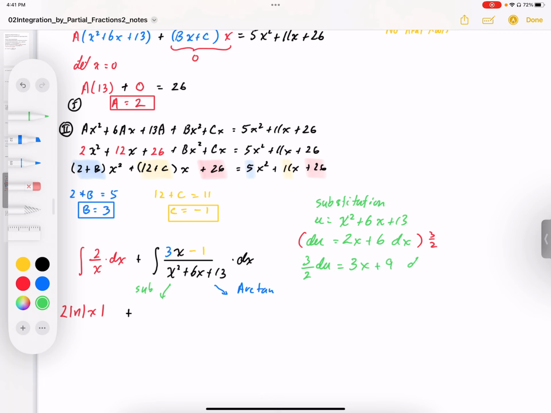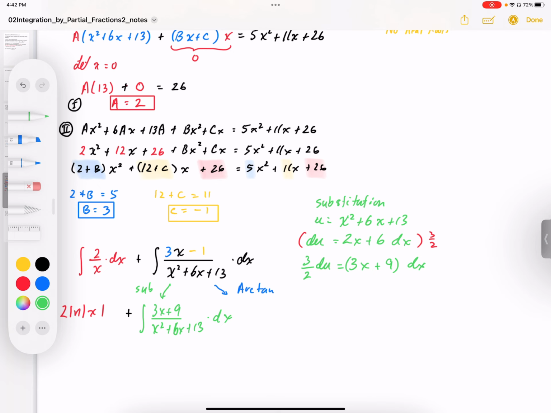So that's the substitution portion that I'm going to need. Okay, so this is where I'm going to split this up, and my substitution integral is going to look like this: 3x plus 9 over x squared plus 6x plus 13.